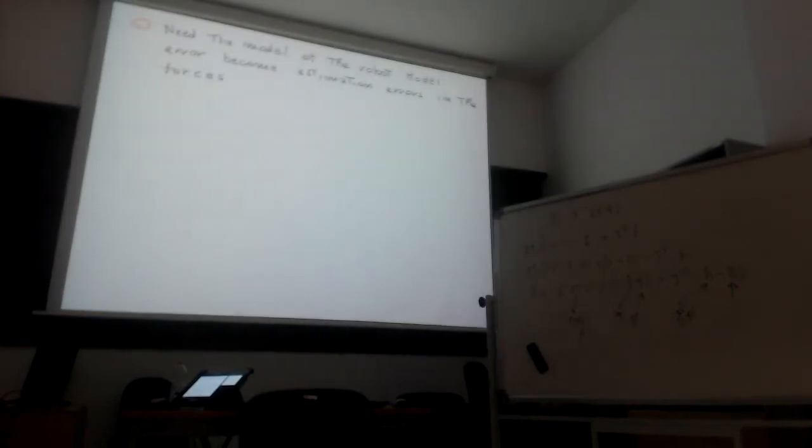But the problem of this approach is that it's model dependent. So if you have a model error, for example, you think your robot weighs 80 kilograms and instead it weighs 70, then you get an estimation error in the contact forces. In particular, if you have a torque offset, you can also have an error.